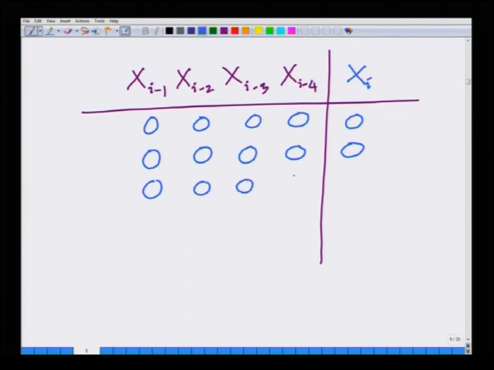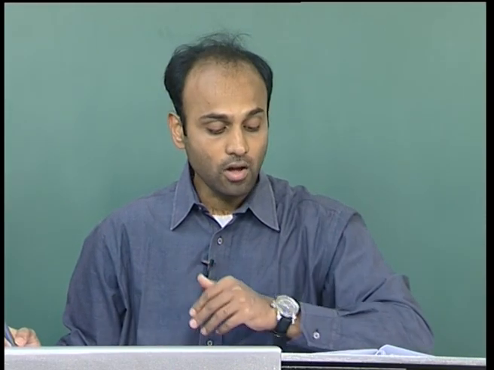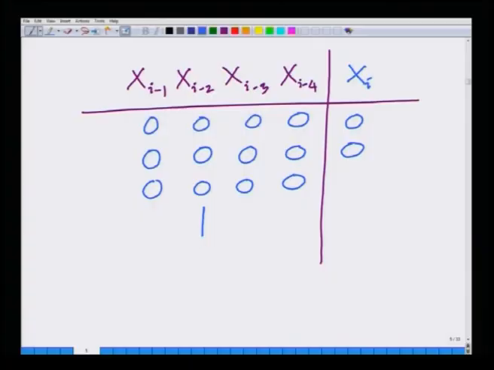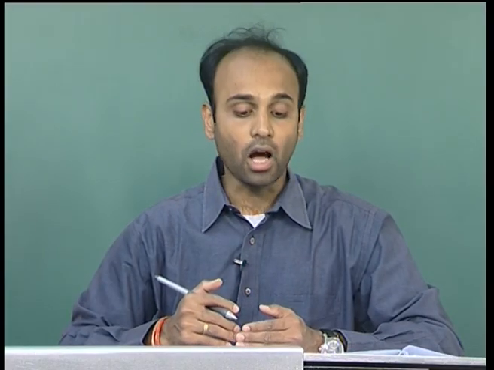And then this will go into again the 0 state. Hence, if you start in the all 0 state, the LFSR continues to be in the all 0 state. So the LFSR becomes locked in the all 0 state. If it somehow gets into the all 0 state, it will never get out of the all 0 state.